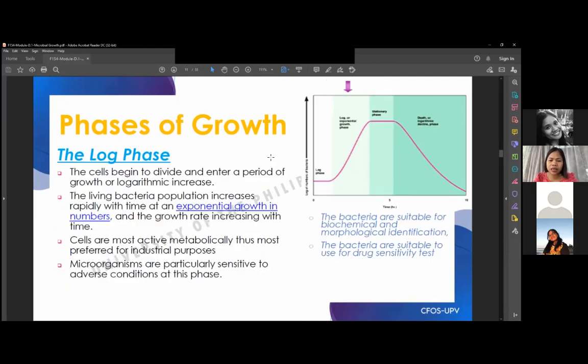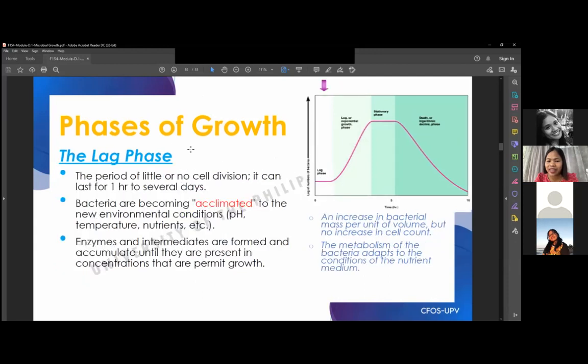LAG, the second phase. Next slide, please. Yan na ba yung next? Okay. Hindi ata ito na-change. It should be, kasi yung kanina is log with an O. This one should be the lag, with an A. Ayan.